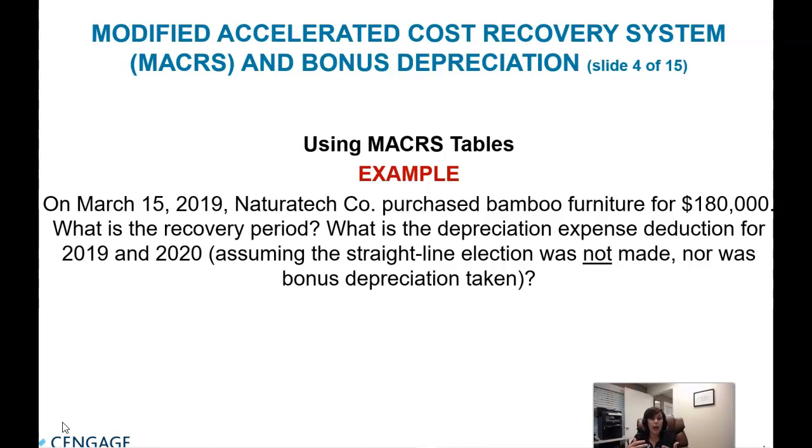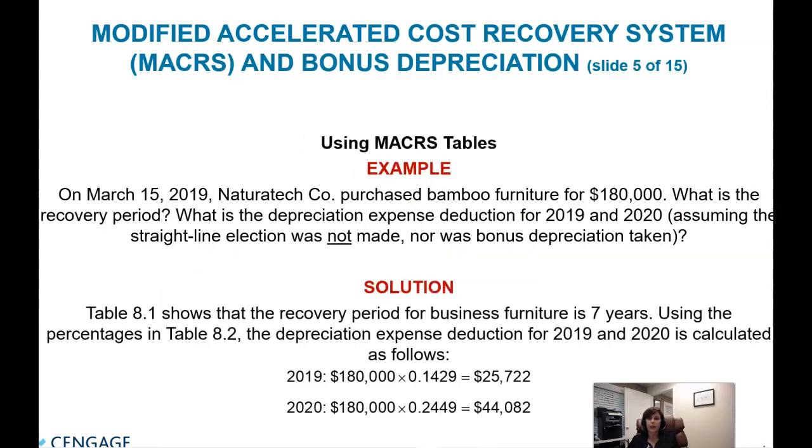So now they want us to calculate the depreciation for the year we placed it in service and the next year. Basically what we do is we go to table 8.2, the 7-year column, and multiply the 180,000 we paid for it by the multipliers for the first and second year.